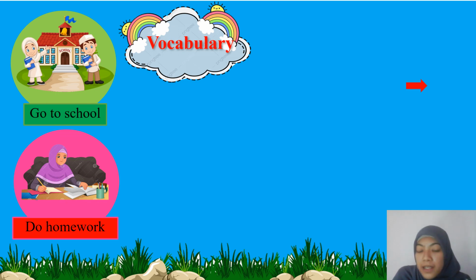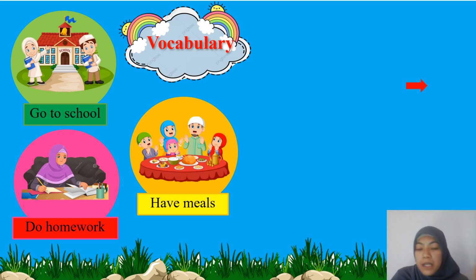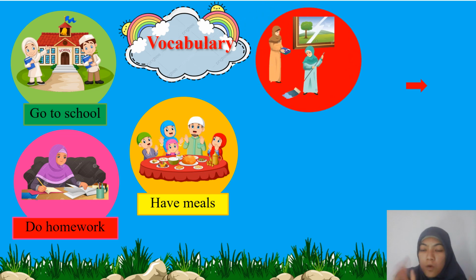Do homework. And next, what are they doing? They have meals. Meals are breakfast, lunch, and dinner. Or you can say they have breakfast, have lunch, have dinner. It's called meals.